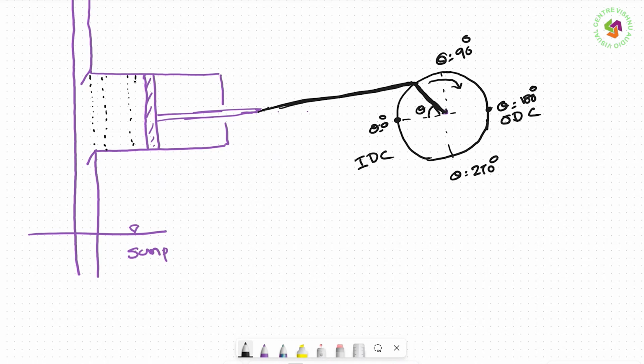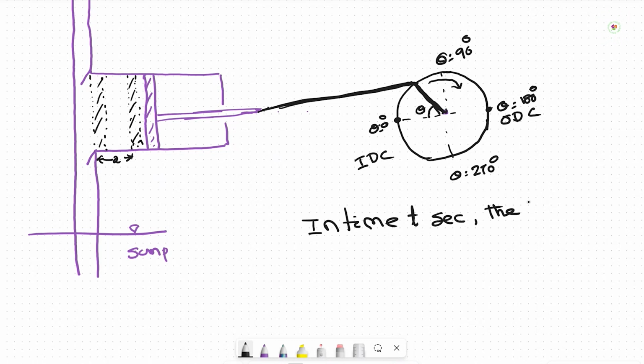The displacement is this. This is how the crank position. How much distance it has moved, an x distance. The displacement of the piston is how much? X.